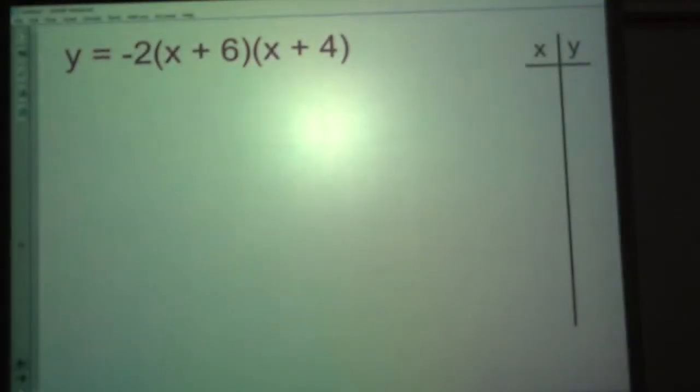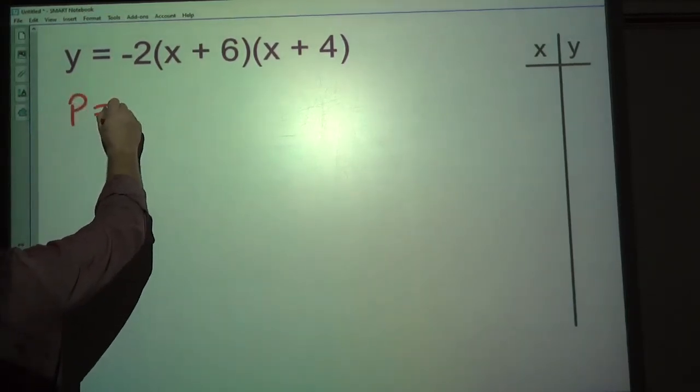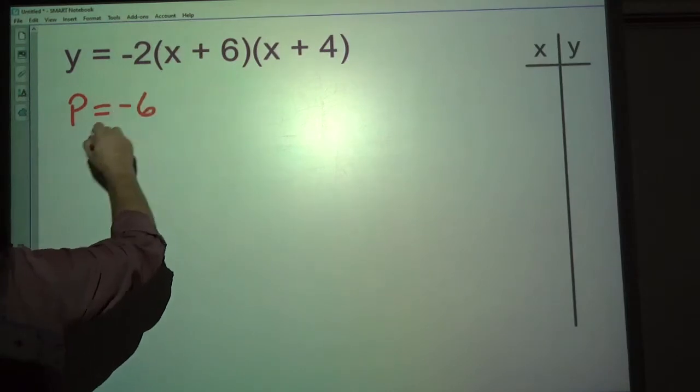See if you can come up with the x value of the vertex, and then we'll do it together. So pause the video, do the x value of the vertex, and then we'll do that part together. All right, so P is going to be the opposite sign, negative 6.